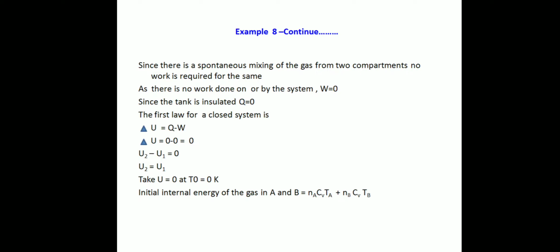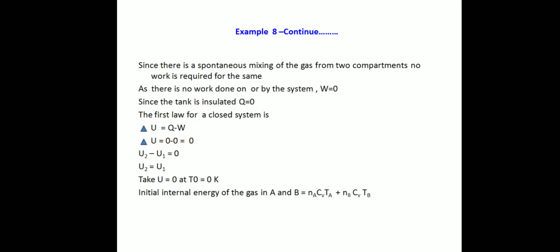Apply this value in the first law of thermodynamics equation, that is delta U equal to Q minus W. We get delta U equal to 0 minus 0. W is equal to 0 as P delta V is 0, and it is thermally insulated, so there is no heat exchange. That is why Q is also equal to 0. So we get delta U equal to 0, right?